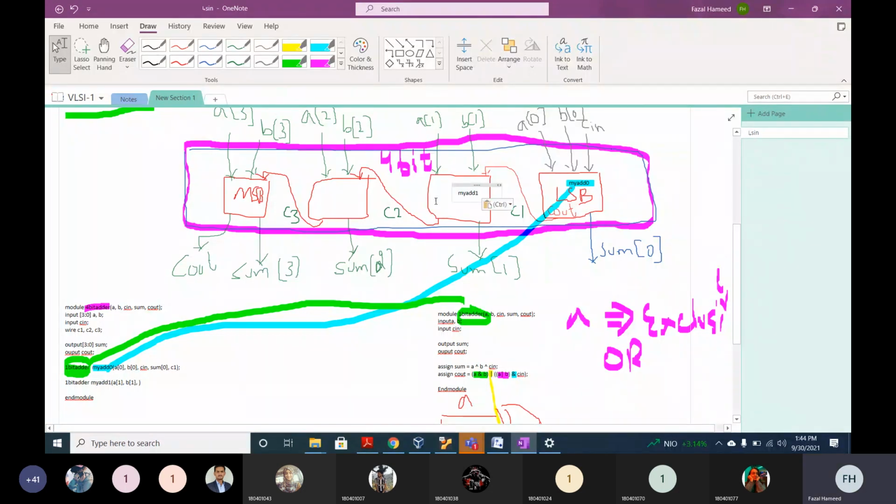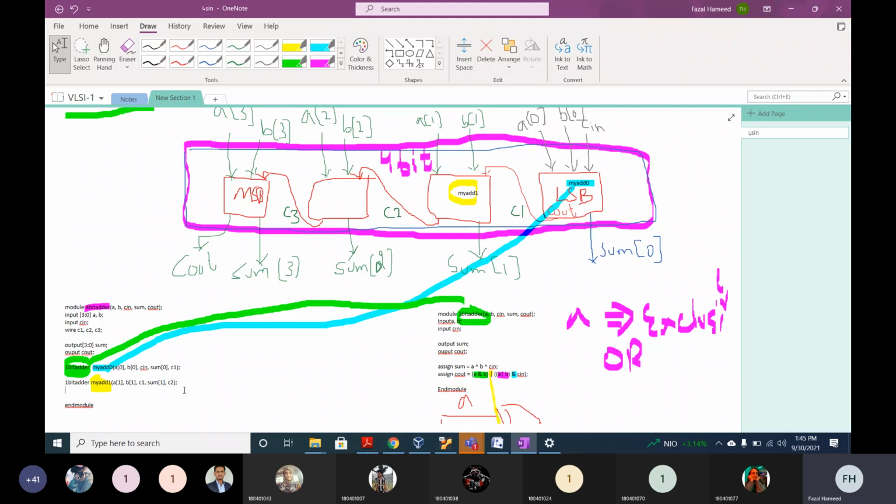Now my add 1, and this is highlighted in yellow color. Okay, my B1. So what is the input? C in. So C1 is the input to this adder. What is the output of this? Sum1. Very good. Sum1, and C2. Then C2 is the output.